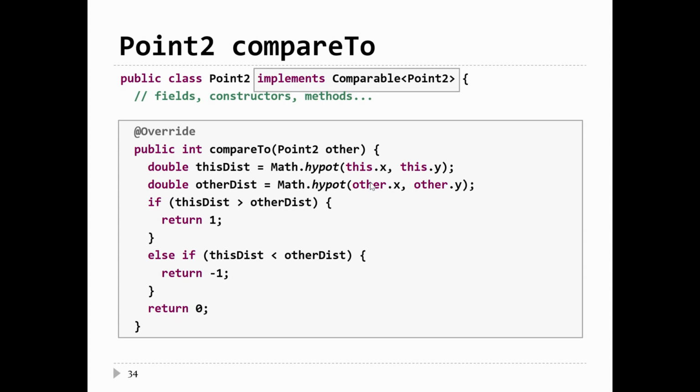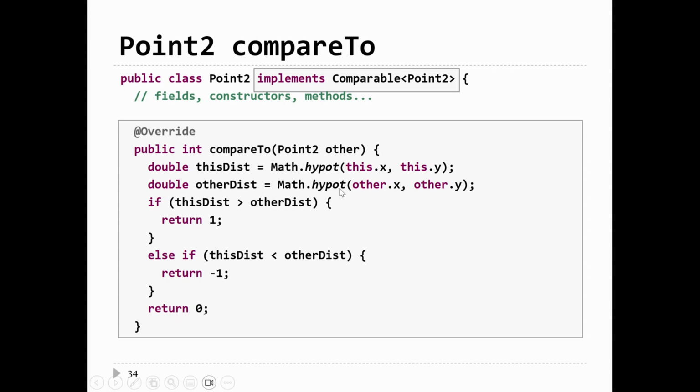In other words, there are values of x and y which lead to the result infinity if you compute it using the square root of x squared plus y squared. Hypot avoids explicitly computing x squared plus y squared. It does it in a different way, and it avoids giving you back infinity instead of giving you back the correct large distance. So hypot is the best way to do this here.